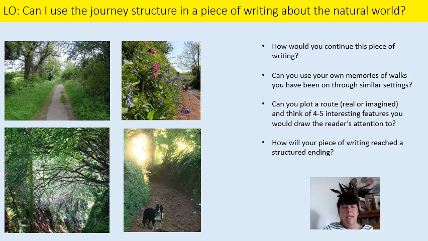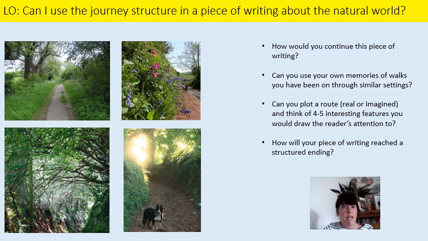Remember, we're doing the journey structure, so you could draw a kind of wiggly line and at certain points put a cross on the paper where you stop and you notice and you observe. What would your route be? Is it a circular structure? Do you come back home? Do you walk towards a particular landmark or a particular point?